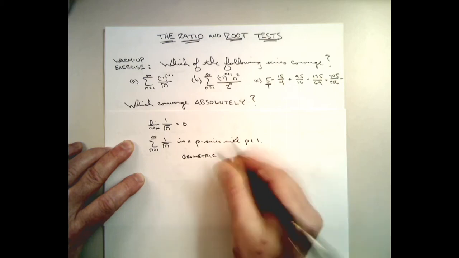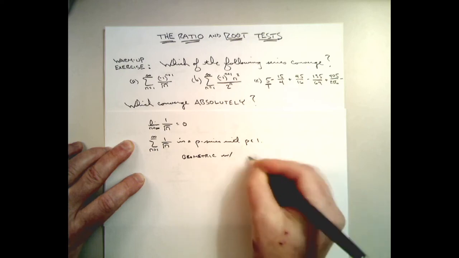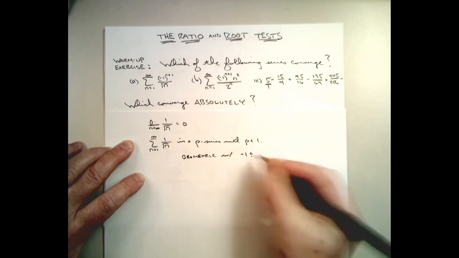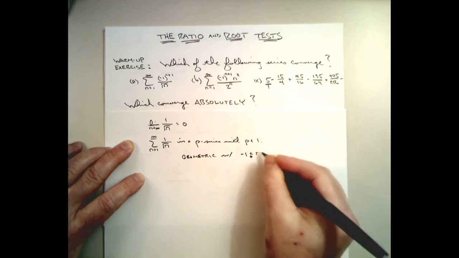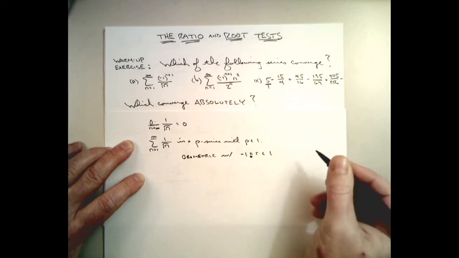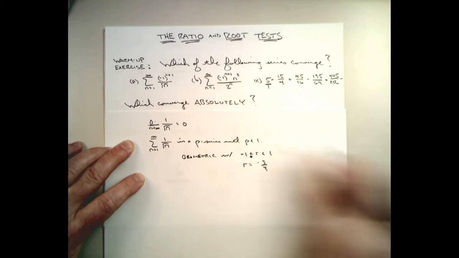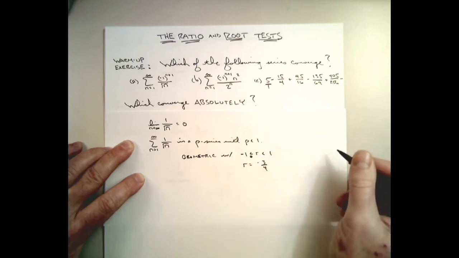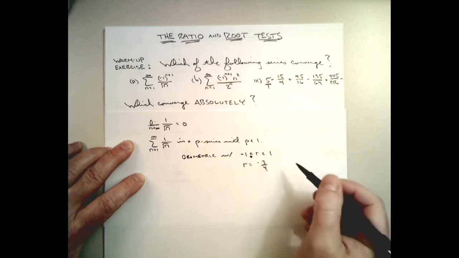And the ratio, right? The ratio is between -1 and 1, because the ratio is exactly, what did we say, negative 3/4. So that falls in the interval between -1 and 1, and we know all geometric series for which the ratio lies between -1 and 1 converge.